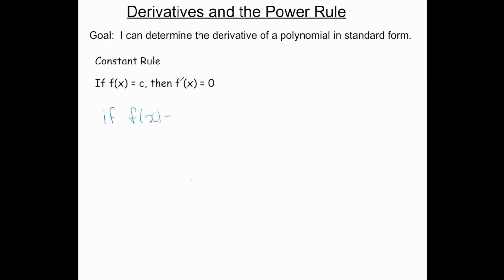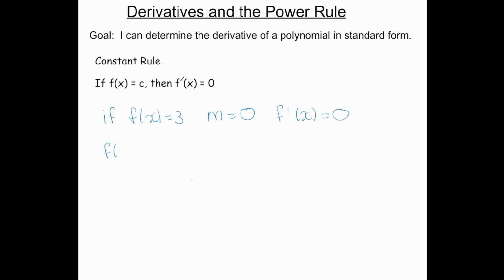So from the first graph we looked at, if we have f of x equal to 3, then the slope of that line is equal to 0. We know it's a flat line, so the derivative is f prime of x equals 0. And this holds true for any constant value.